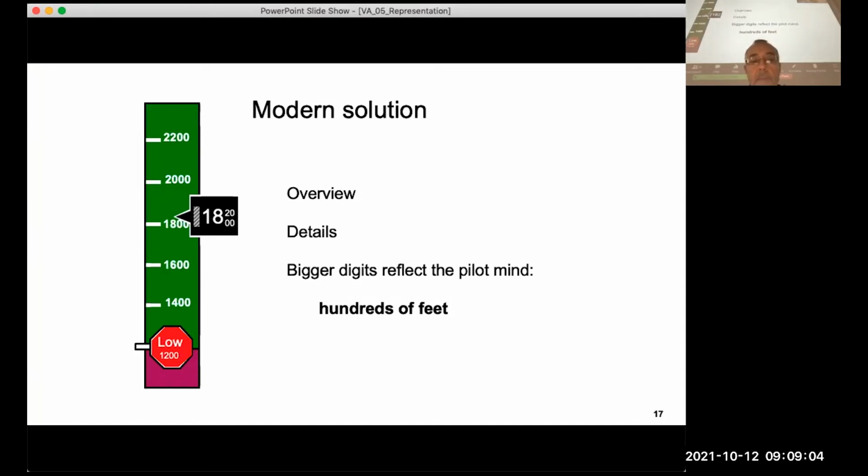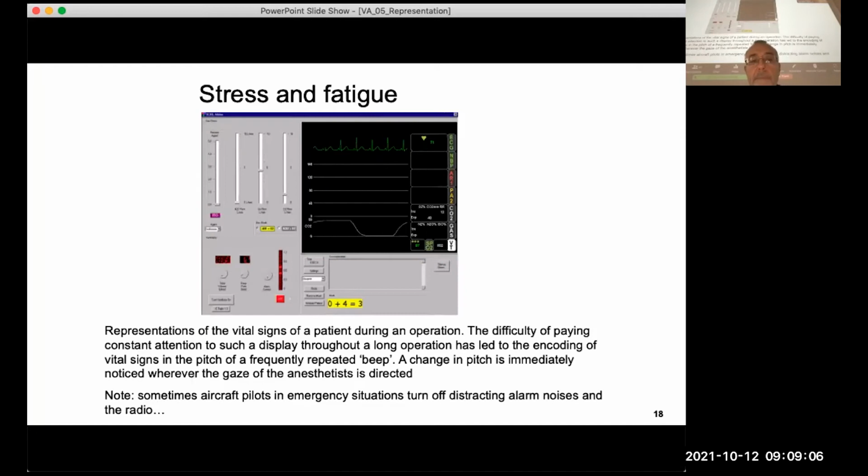Back to the support for the user in a heavy situation. This is an example from a medical environment. Maybe you are a surgeon. You're doing some complex activity with the body of a person, and you need to have control of all vital signs, the heart rate, the pressure, or other indications.